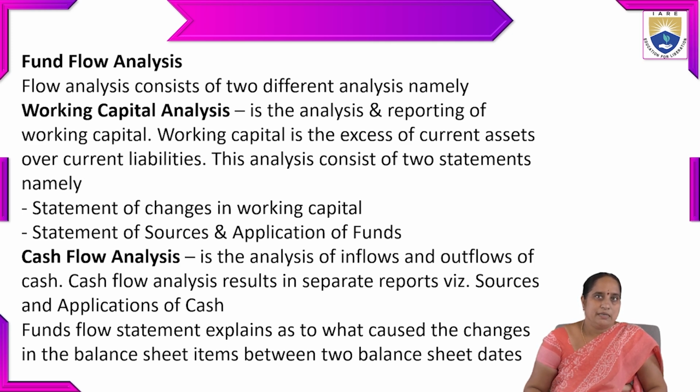Coming to working capital analysis, it is the analysis and reporting of working capital. Working capital is the amount that is the excess of current assets over current liabilities. And this analysis consists of two statements: one is the statement of changes in working capital, the other one is the statement of sources and application of funds.